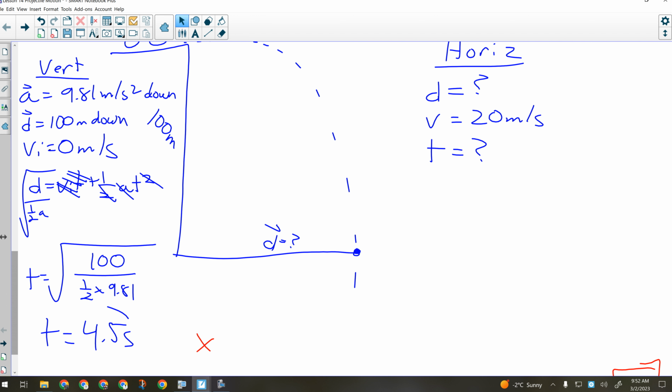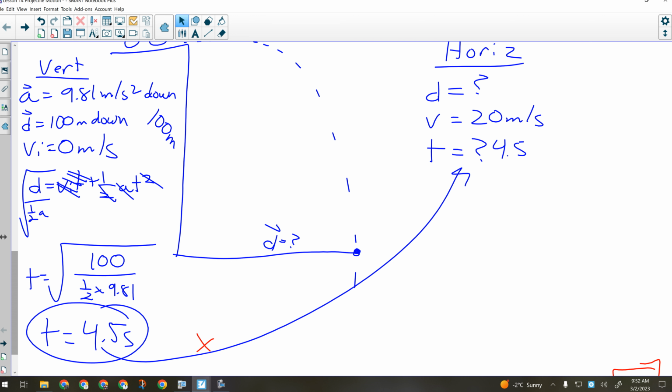This is the one part that both the horizontal and vertical share. Because they both happen for the same amount of time. Once it hits the ground, they both end. Okay, so now I've got that. And just as Ty pointed out earlier, now I can calculate D because I have both V and T. So I take my 20 meters per second, multiply it by 4.5, and that should be 90 meters, yeah?